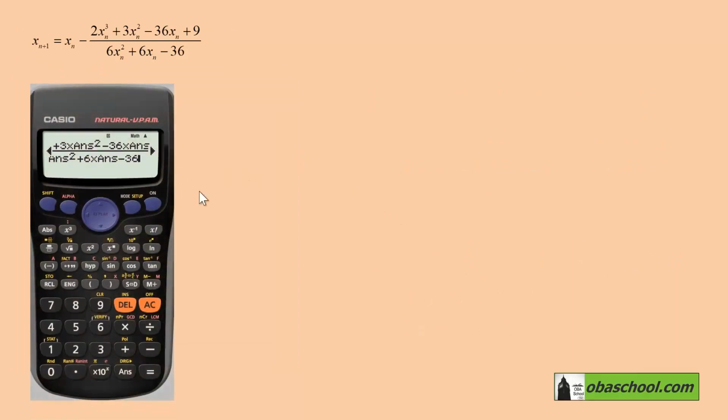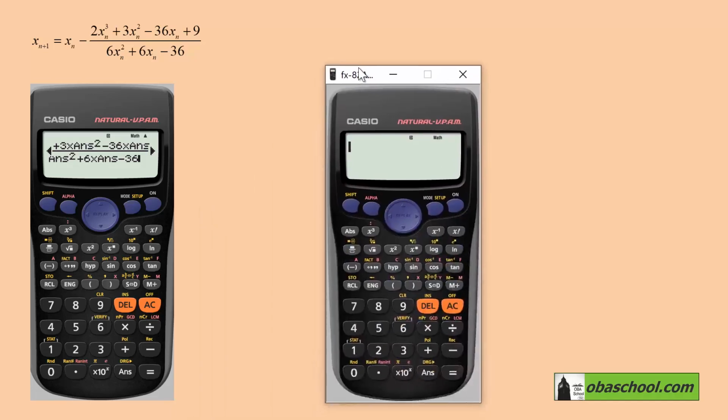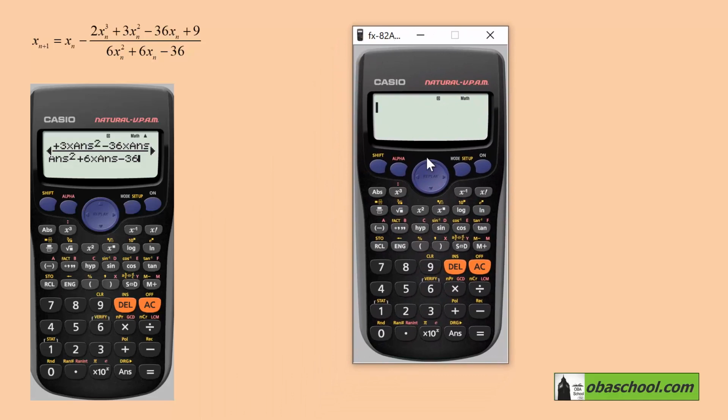So we can set this up on the calculator, and I'm going to show you how to do that. We know that OP is going to start at 1.9. So put 1.9 in and press equals. And now 1.9 is the last answer.